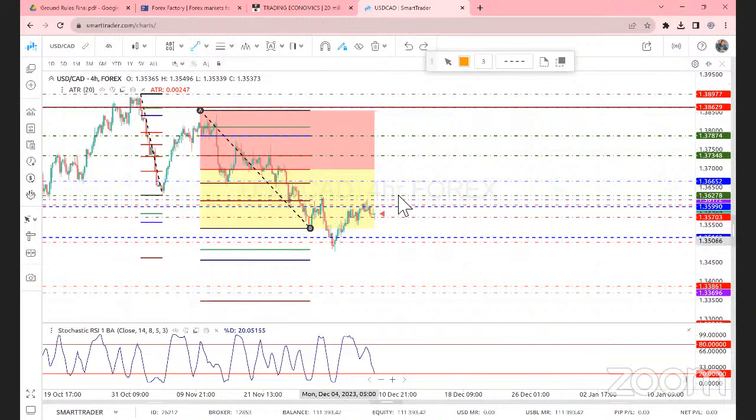So when I turn on my 4-hour chart, based on where I am now, no trade.